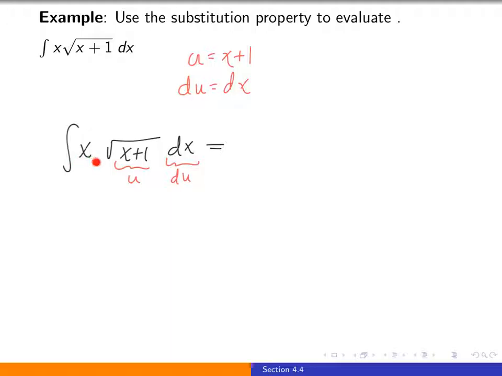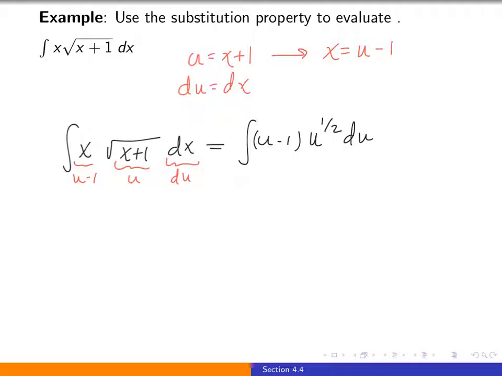And we have a leftover x. Whenever you have a leftover x, you simply go back to your substitution. Your substitution gives you the relationship between u and x. In this case, we see that x, if you isolate it, is u minus 1. So this remaining x becomes u minus 1. Written solely in terms of u's, we have u minus 1 multiplied by the square root of u, which I'm going to make u to the 1/2 du.